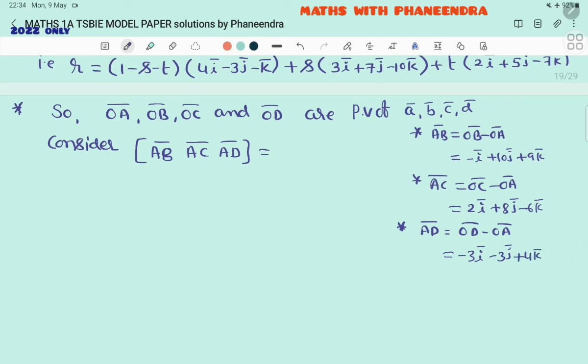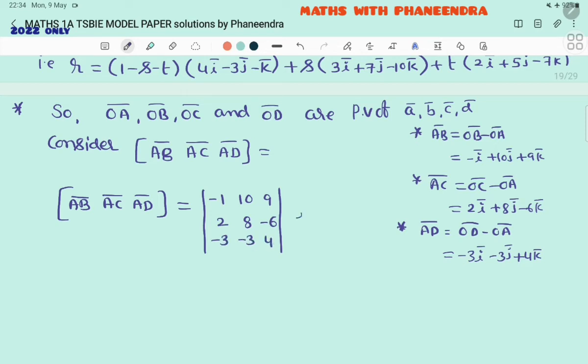So these three vectors we need to prove coplanar. So the box product of AB, AC, AD is equal to the determinant of their coefficients.